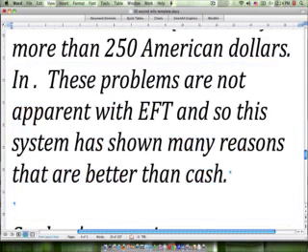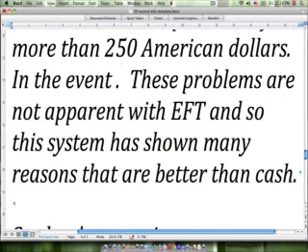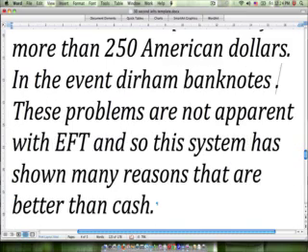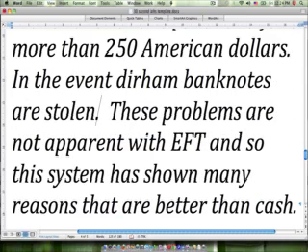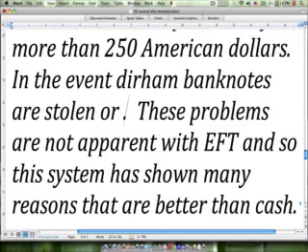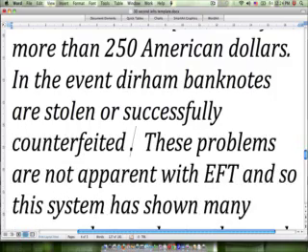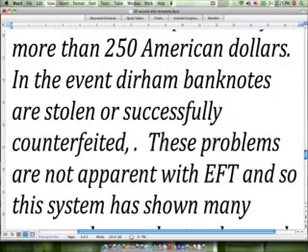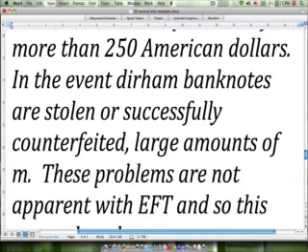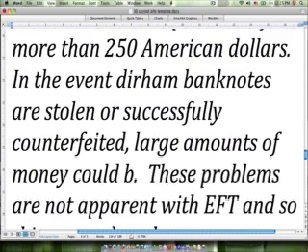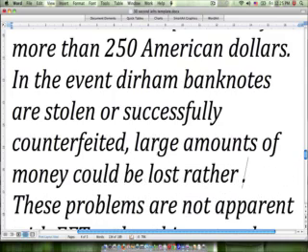So, in the event dirham banknotes are stolen, or we'll say successfully counterfeited, large amounts of money could be lost rather quickly.